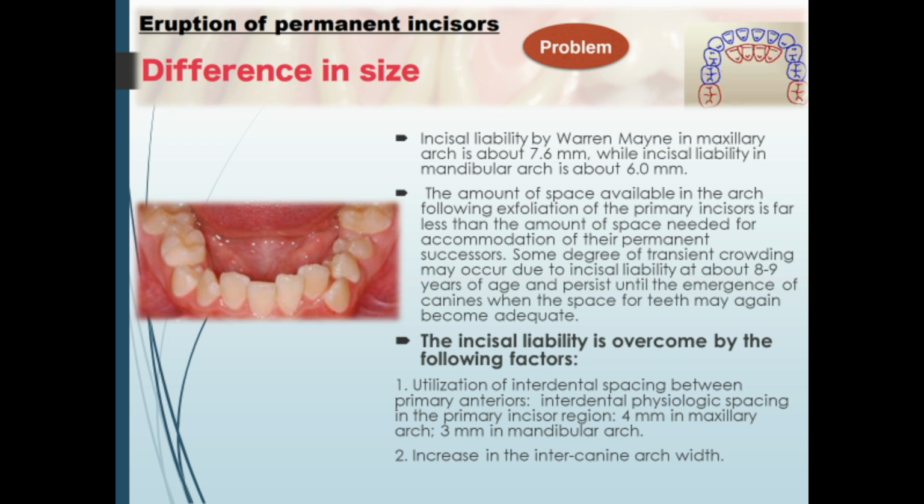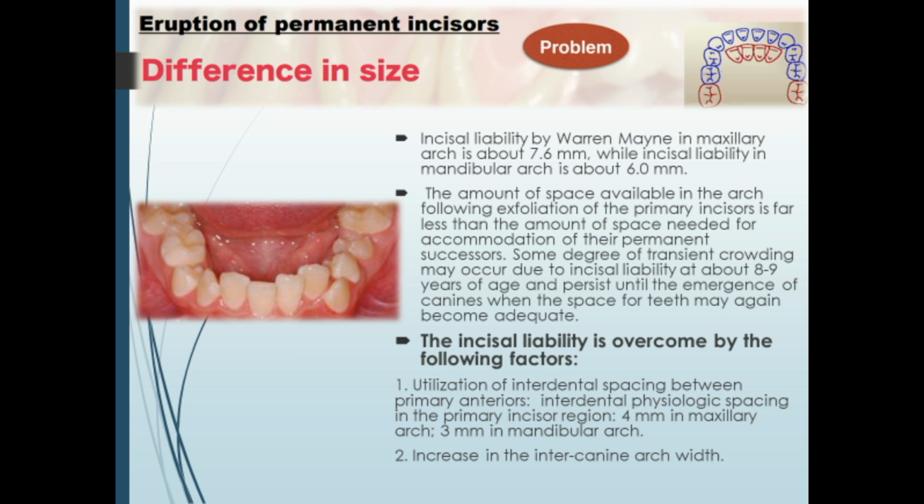During the course of the mixed dentition period, nature makes some adjustments to achieve the fit and maintain the dynamic balance. The incisal liability is overcome by the following factors: utilization of interdental spacing between primary anteriors.